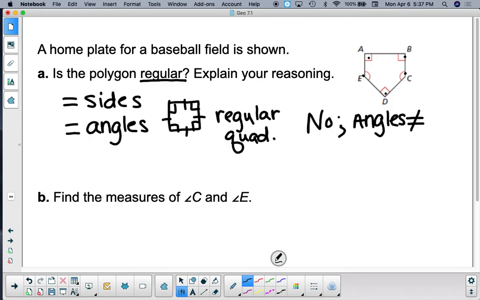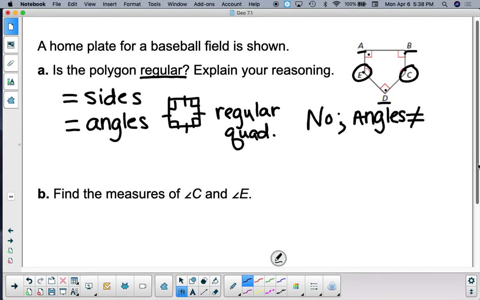Okay? And then on part B, they want us to find angle C and angle E. Right? So I know what these 3 are, right? A, B, and D are all 90 degrees. How can I figure out what all 5 of them should be? What formula do I need to use for that?